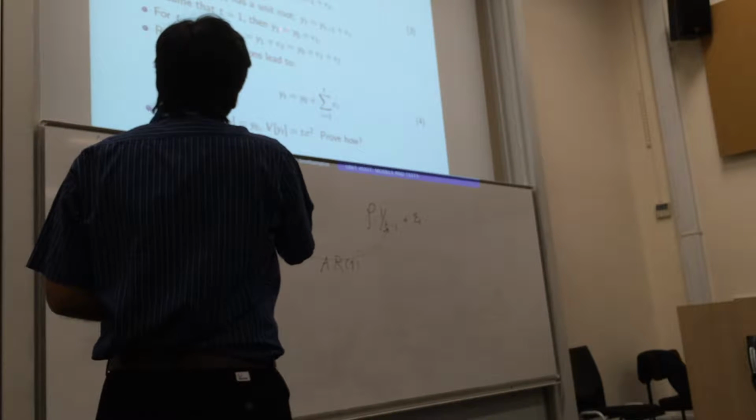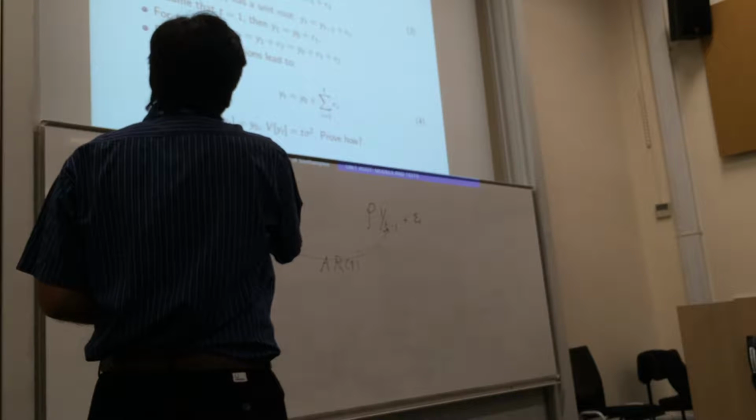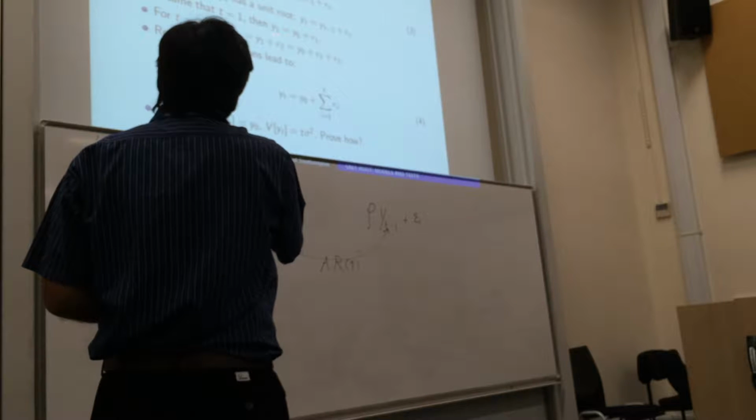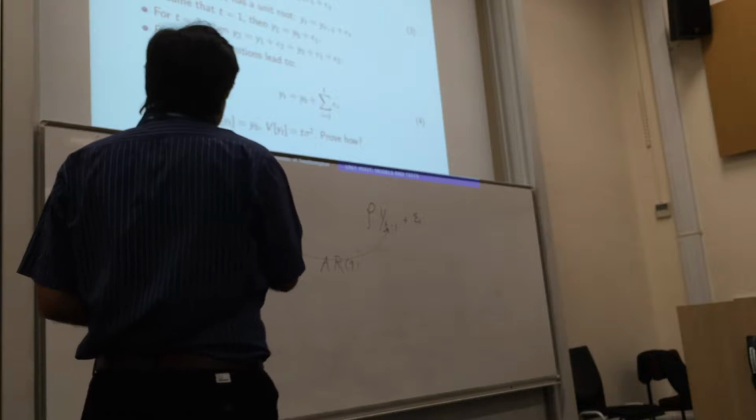Now you can replace the value of y1 equal to y0 plus epsilon 1 here. So you have y2 is equal to y1 plus epsilon 2. Just replace this value, so you can have y0 plus epsilon 1 plus epsilon 2.